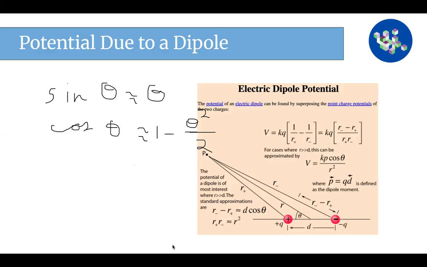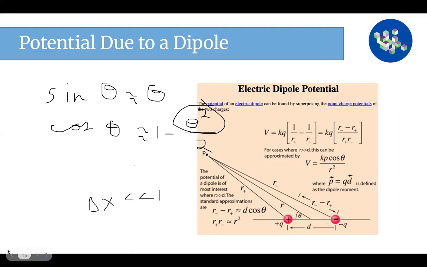Second order means that delta x is raised to the power of 2. So we'll ignore second, third, fourth order terms, because delta x is less than 1, and delta x squared will be very small. So we just don't really care about that. That's pretty much it.